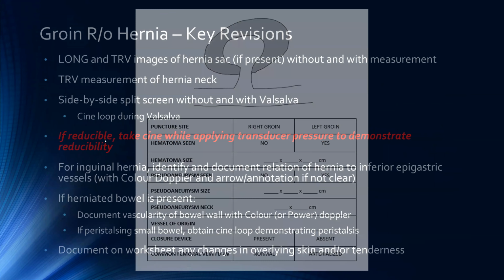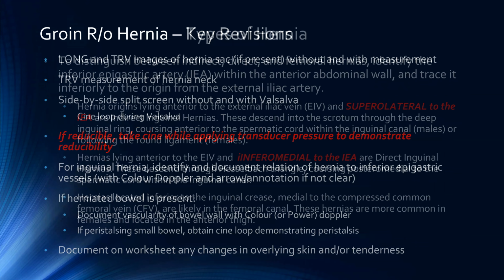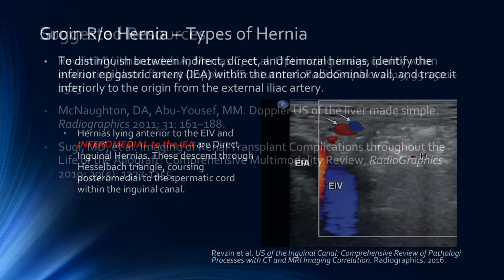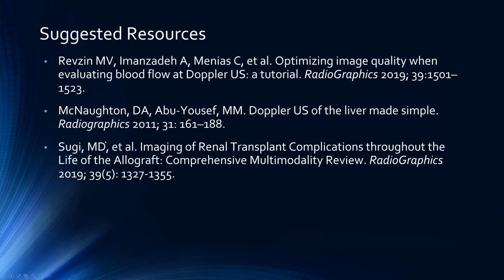One thing that I will say, if you do want to have a little bit of a review of the Doppler imaging in the liver or the transplant kidney, there's some excellent Radiographics articles that, obviously there's more information than you may need, but there is quite a bit about technique and expected findings in those two structures.